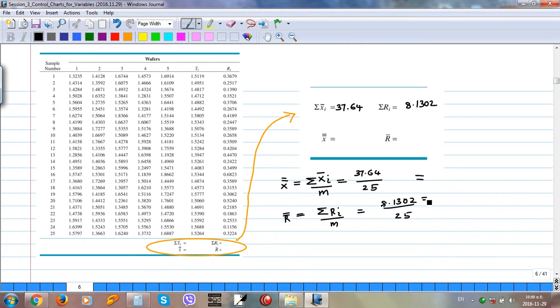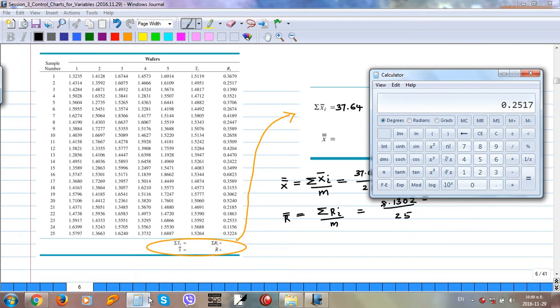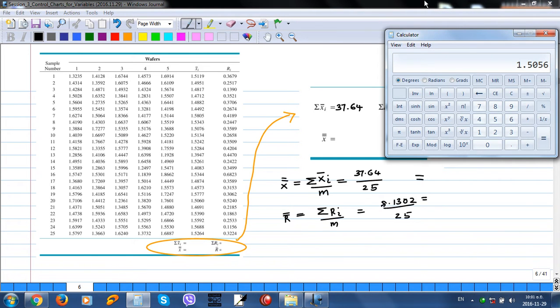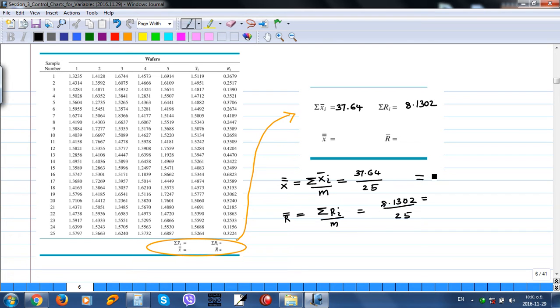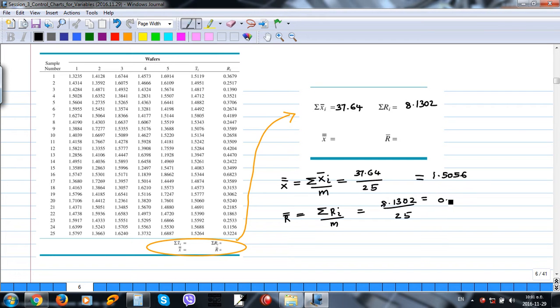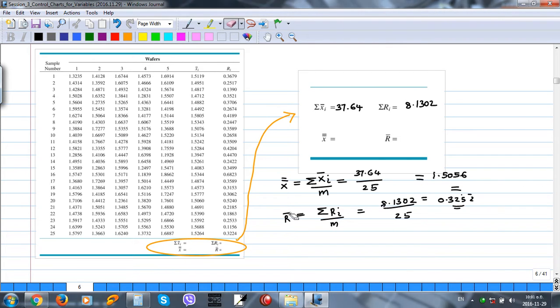Then you can find those two values here. 37.64 divided by 25 is 1.5056, and the next one, 8.1302 divided by 25, comes to 0.3252. Now you found the value of x double bar and r bar.